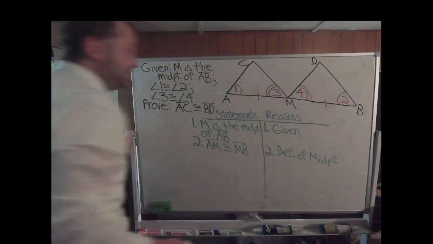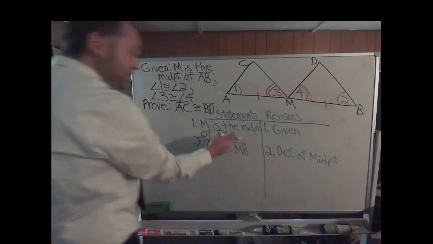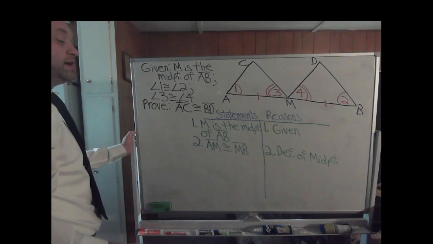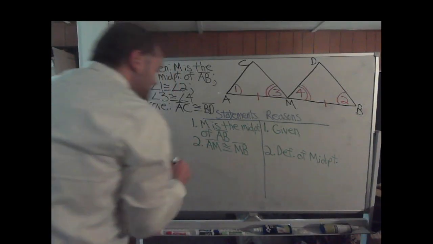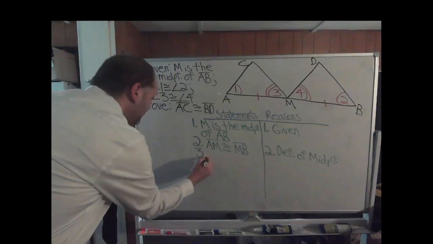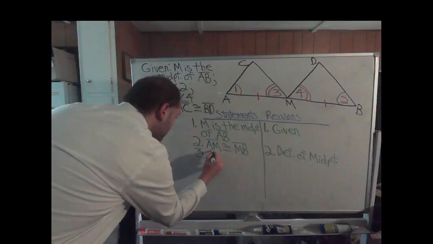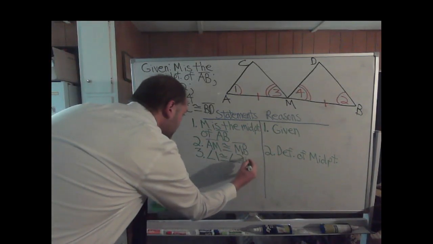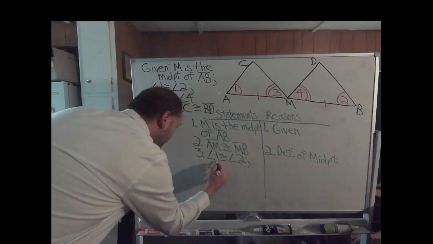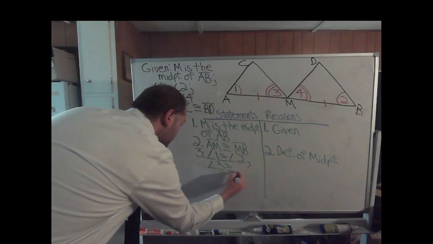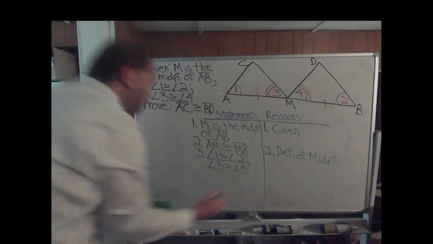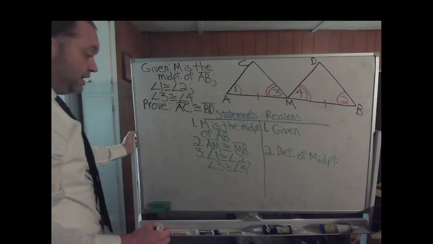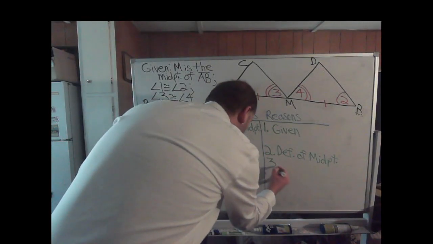Now, once you've established that you have two congruent sides out of this whole midpoint thing, I would say your next step is to list the congruent angles that were given to you. So angle 1 is congruent to angle 2, and we also have that angle 3 is congruent to angle 4. That again would be given information.